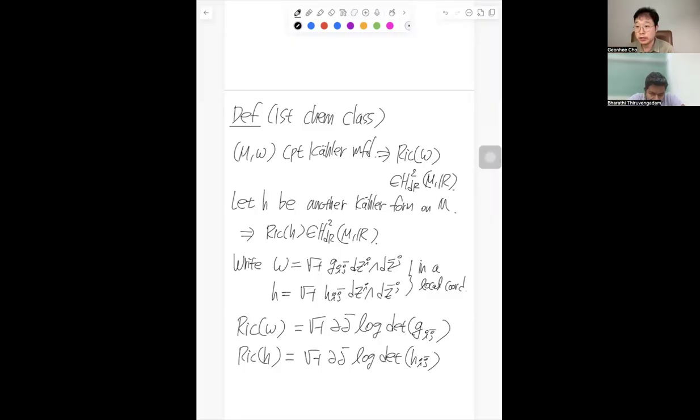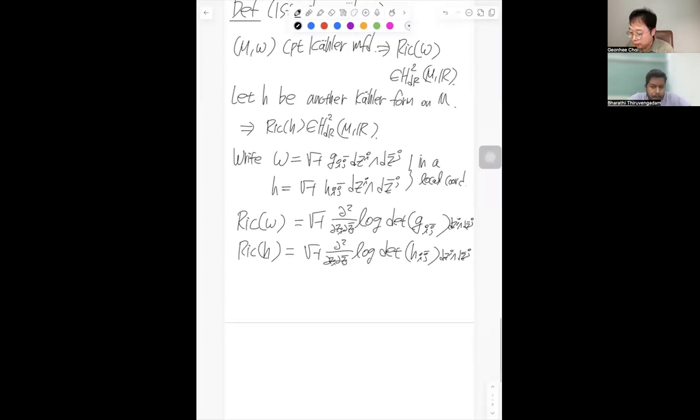Once we choose the local coordinate, then we can do it. So let me write down a more precise expression. For sure, in a local coordinate.